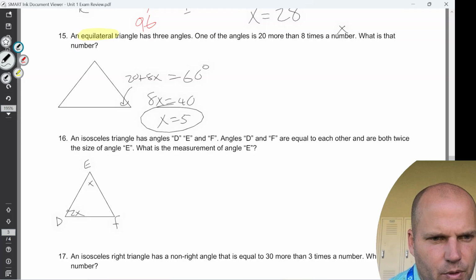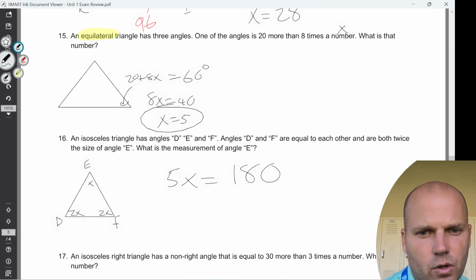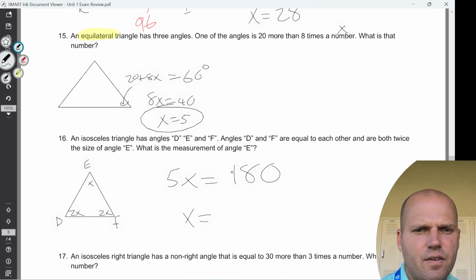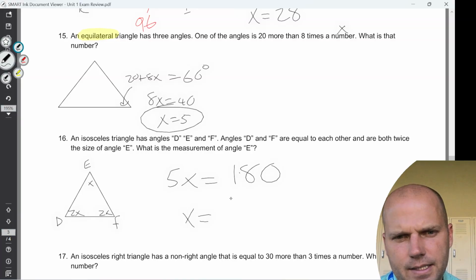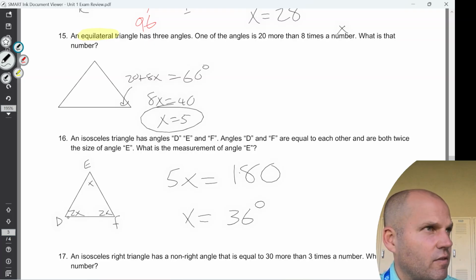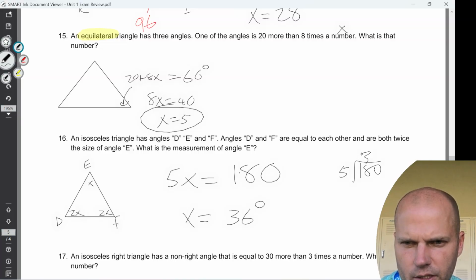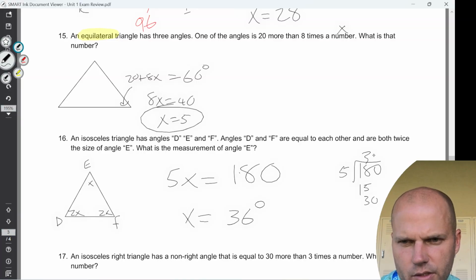So I have 2x plus 2x plus x, or 5x, which has to equal 180 degrees, divided by 5. I got 36. Angle E must be 36 degrees. 36, 72, 72 must be correct. Just quickly do the calculations. Yes, 36. Cool.